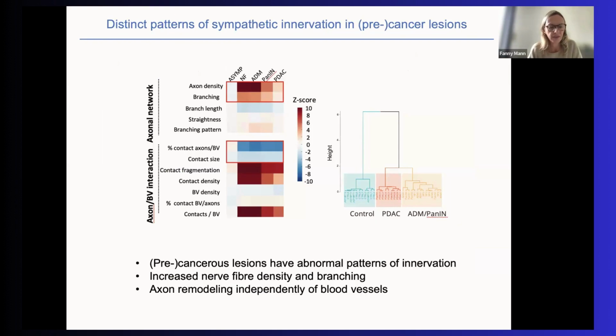And we also discovered that unlike what happens during development, where sympathetic axons follow blood vessels, during cancer-induced neuroplasticity, the sympathetic axons remodel independently of the blood vessels. So this suggests that in these lesions, the sympathetic neurons might have another function than the one they have in the physiological condition. And I will come back to this idea later in my talk.